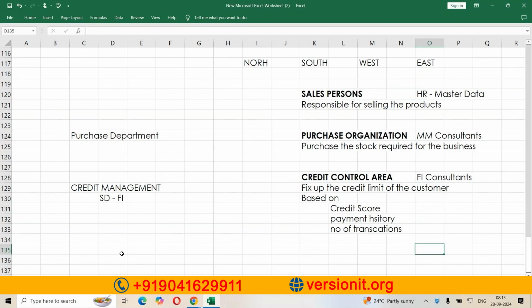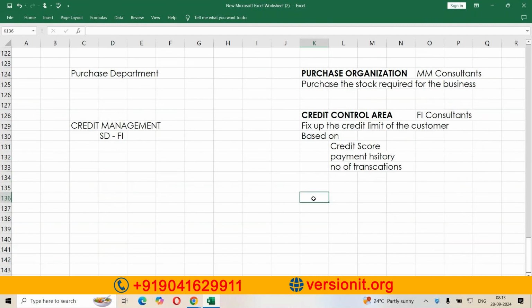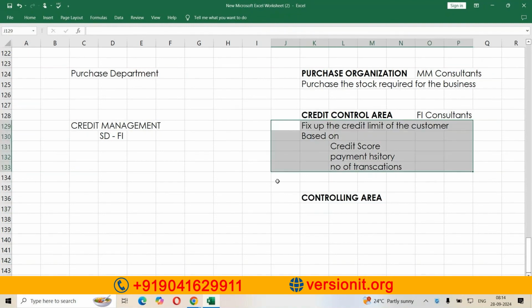Now, once you have this knowledge, we have one more organizational unit by the name of controlling area. These are two different terms. Don't get confused between credit control area and controlling area. In credit control area, they fix up the credit limit, whereas in controlling area, they fix up the price of the product.